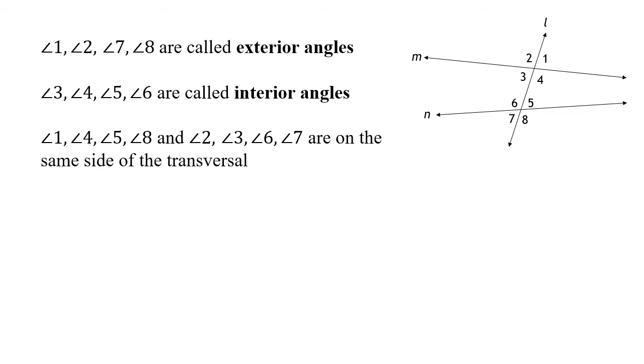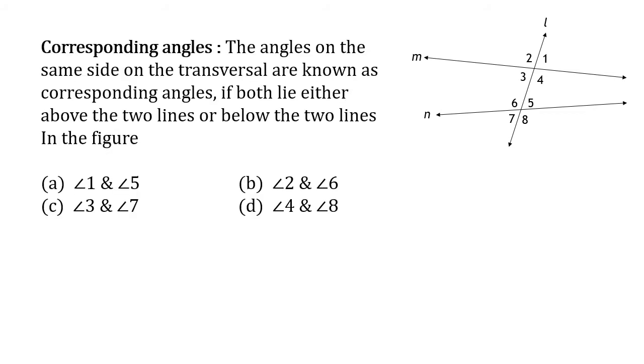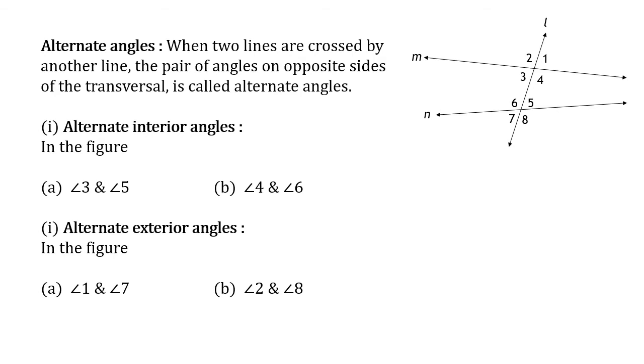1, 2, 7 and 8 are called exterior angles. 3, 4, 5 and 6 are called interior angles. 1, 4, 5 and 8, and 2, 3, 6 and 7 are on the same side of the transversal. The corresponding angles, like I told you, are 1 and 5, 2 and 6, 3 and 7, 4 and 8. The alternate interior angles are 3 and 5, 4 and 6.